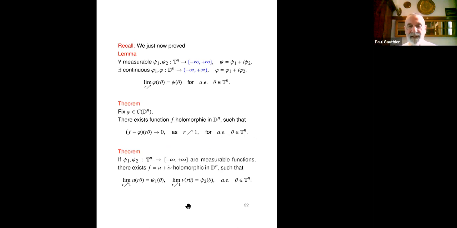So we have just proved this lemma. And as we said, this lemma gives us this theorem, which we already stated, about existence of holomorphic functions with boundary values. First of all, that approximates a continuous function, and therefore we can get it with the given boundary values.